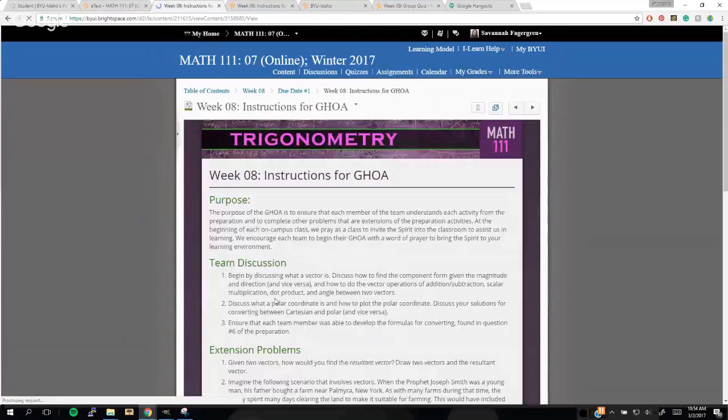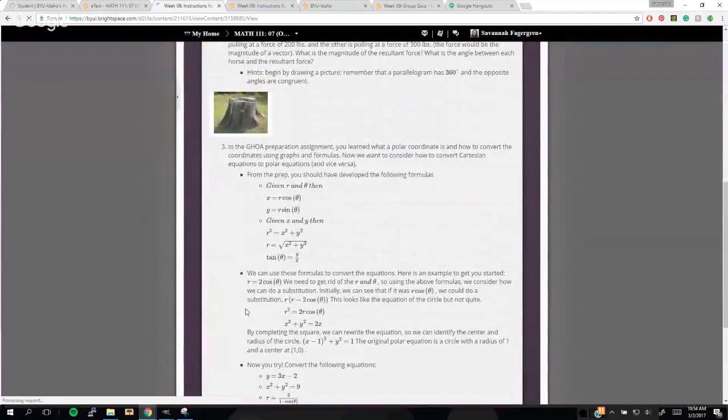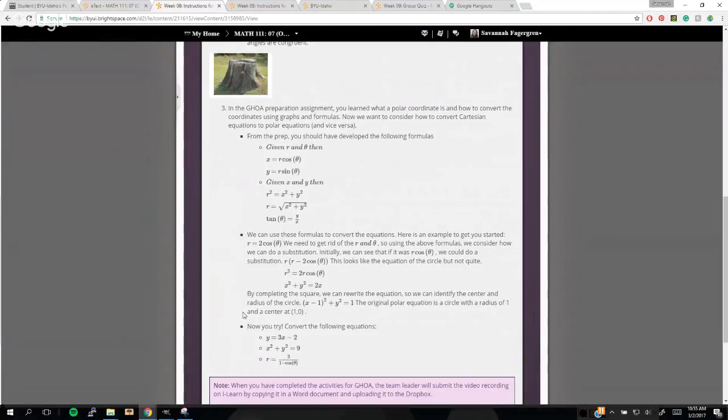Okay. So they give you, it says from the prep, you found this, and then it says we can use these formulas to convert. So they got it down to r equals 2 cosine of theta, and then they solved it from there. Huh. And it's the same problem, just except with 5.